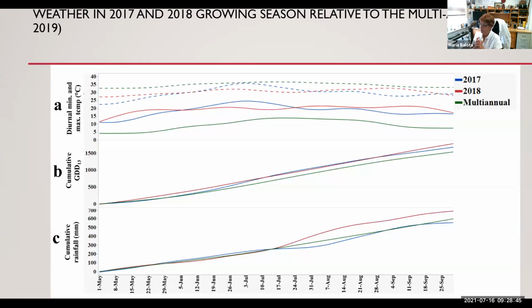Before moving forward, I would like to show you this graph with the weather information to show you that the 2 years were quite different from each other and from the multi-annual. The maximum temperature wasn't that much different, but the minimum temperature was, relative to the multi-annual temperature.